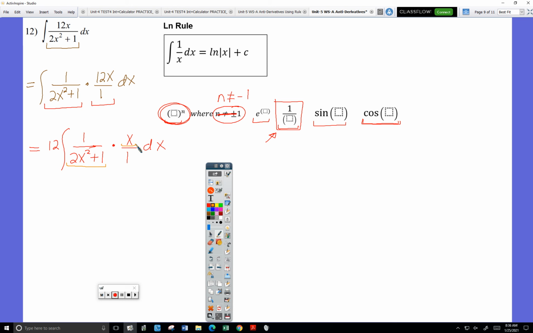So U again. I should probably teach it as a W substitution, but then it's not as fun. So you pick U to be one of the two somethings. So we could choose U as simply the X, or we could choose U as the 2x squared plus 1.